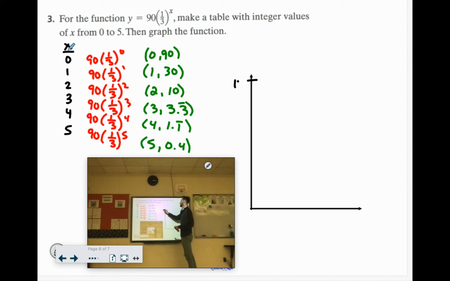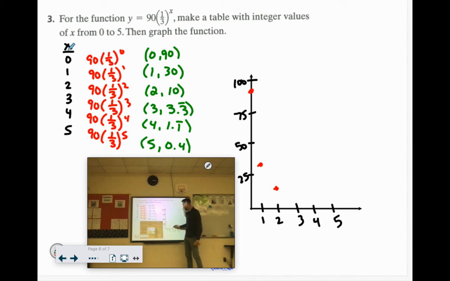So if we made this 100, and this was 50, we throw in a 75 and a 25. 1, 2, 3, 4, 5. 0.90 about there. 130 is about there. Quick drop off. 10.